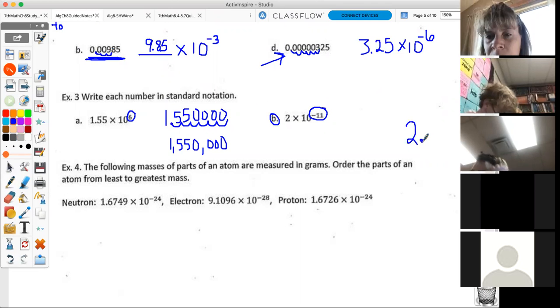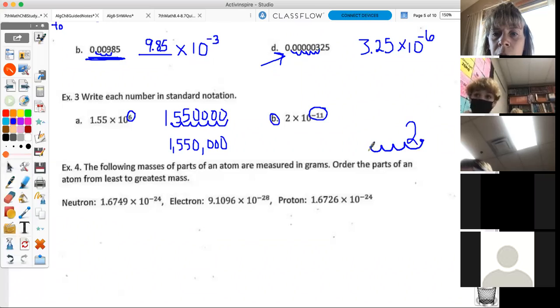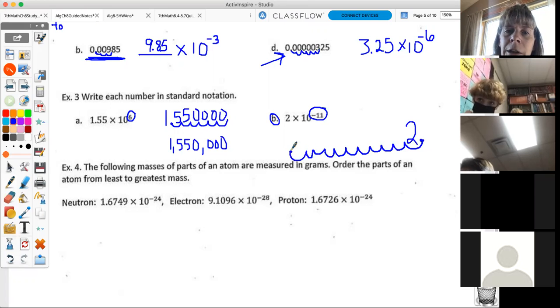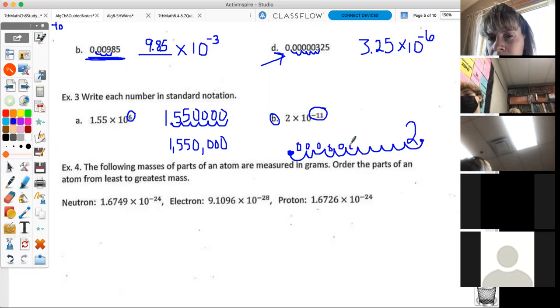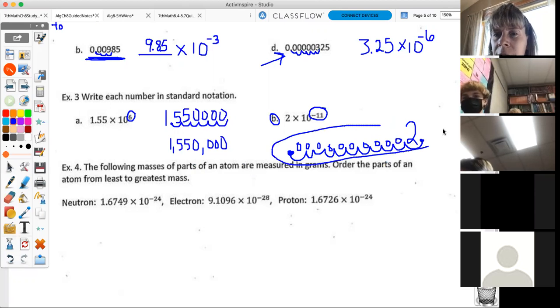I'm moving it 11 places to the left. 1, 2, 3, 4, 5, 6, 7, 8, 9, 10, 11. All right, that's a lot of empty spots, right? Let's throw in some zeros. 1, 2, 3, 4, 5, 6, 7, 8, 9, 10. Definitely not something I want in my checkbook, right?